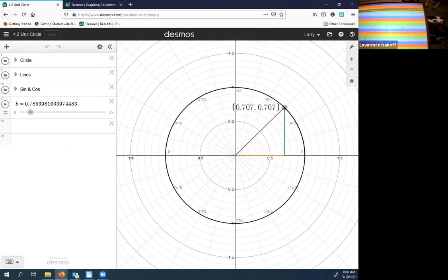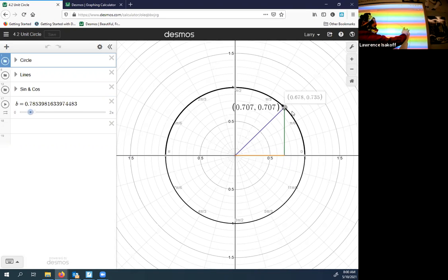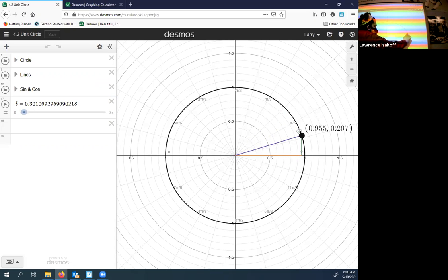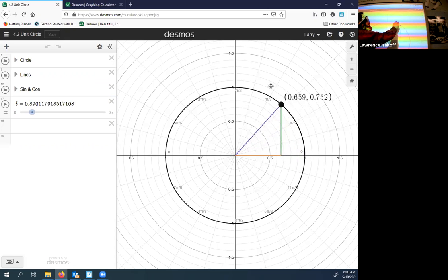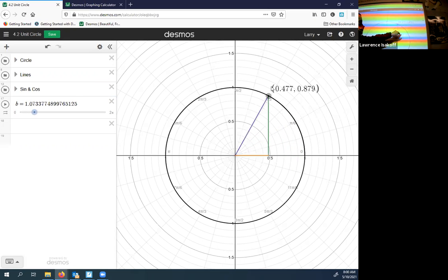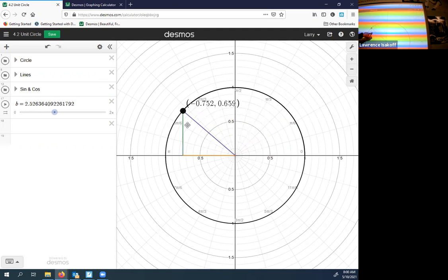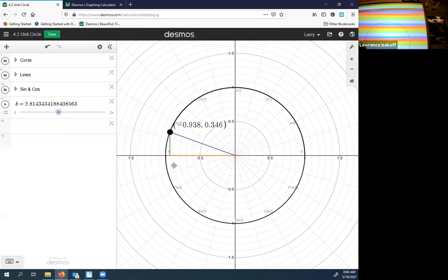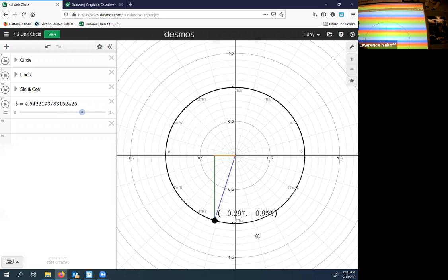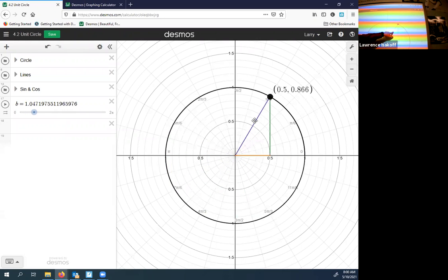I can set this value to whatever I need it to be. So there we go. I can drag this point. We notice we keep this orange, green, and purple triangle, but as I drag this around, this XY point is constantly changing. So I can just keep it going around.